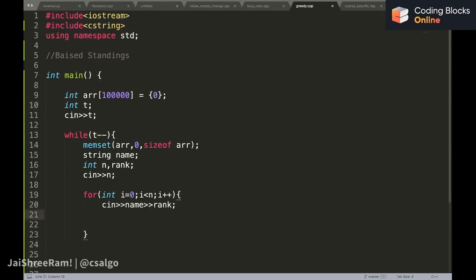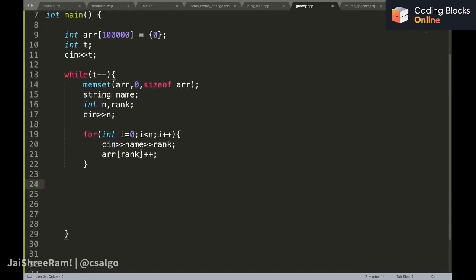Once we know the name and the rank, in the frequency array for that particular index I will increment it by 1, because there is one team which has asked for a given preferred rank. So this is the preferred rank.